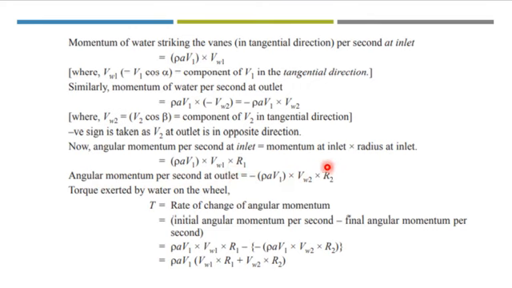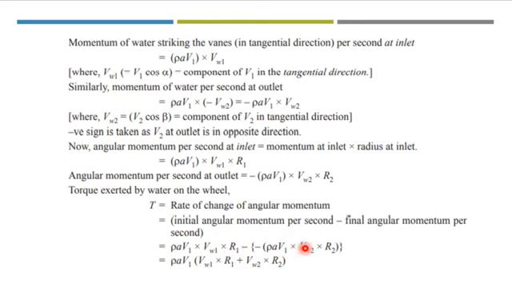Now, the angular momentum per second at inlet will be obtained by multiplying the momentum at inlet with the radius at inlet. So, this was the momentum and this was the radius at inlet, and the angular momentum at outlet will be obtained by multiplying the momentum at outlet with the outlet radius.